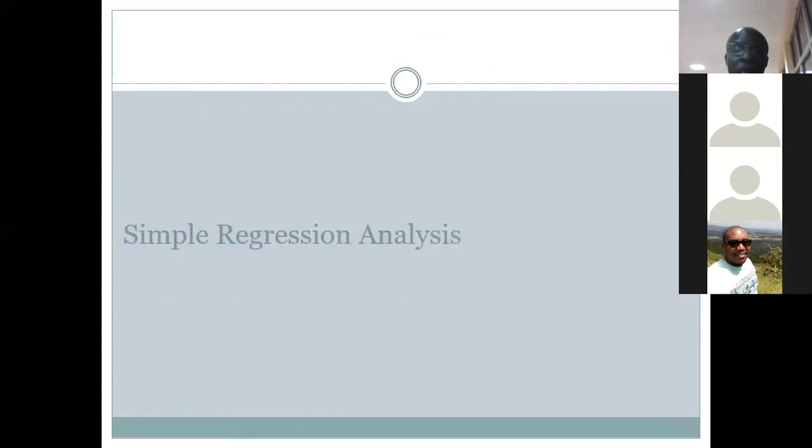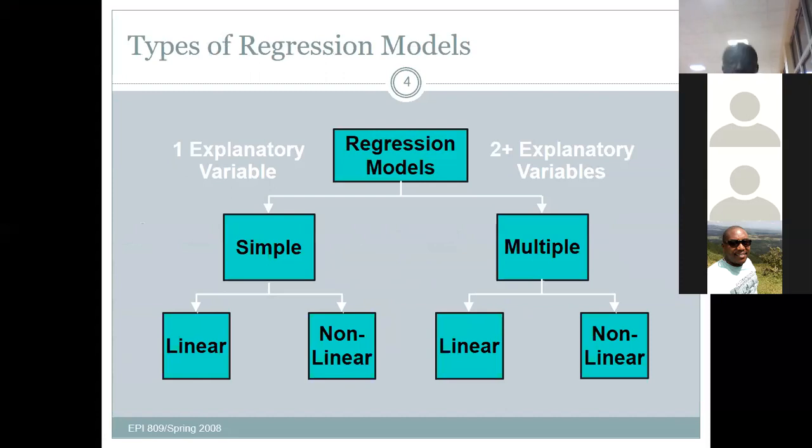And those stories I think you can read. Now this is it. This is what I'm trying to say here. Explanatory variables are the independent variables. The outcome variable is the dependent. If you have only one outcome variable, then it is simple, linear, or simple non-linear.